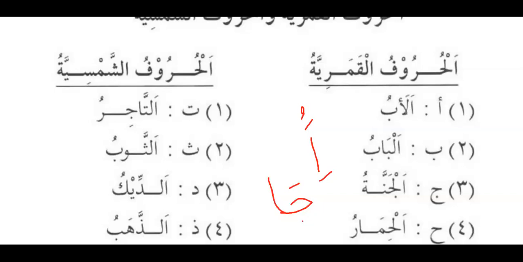No. Can I put kasra on it? No. Can I put dhamma on it? No. Even if I put fatha or kasra or dhamma, I won't be able to pronounce it because alif is just used as a letter of elongation. It is not a letter that can have a vowel. That's peculiar to alif amongst all the Arabic alphabets.